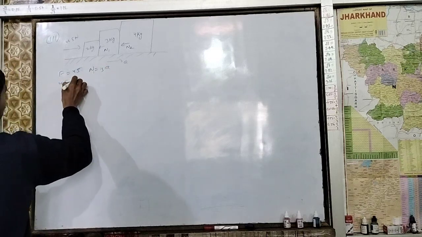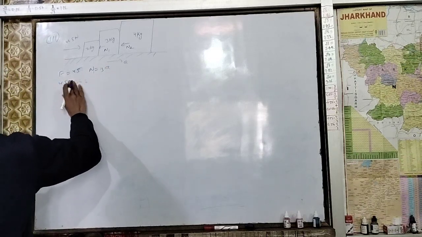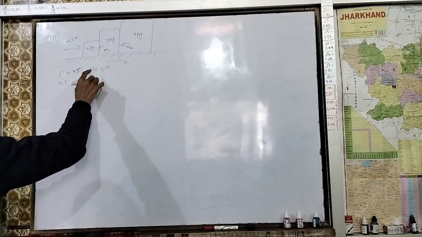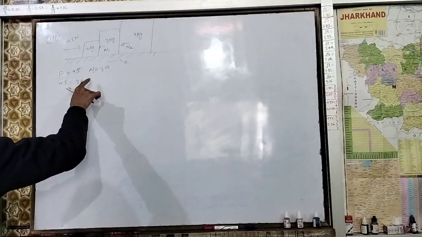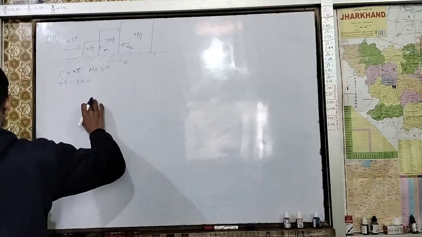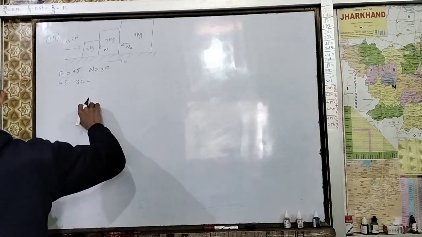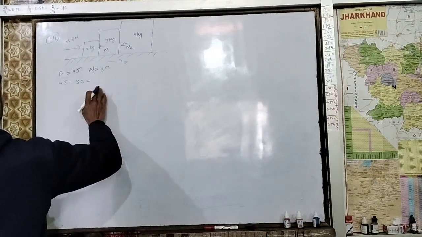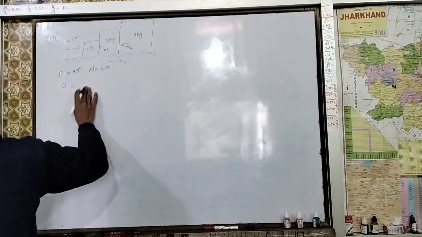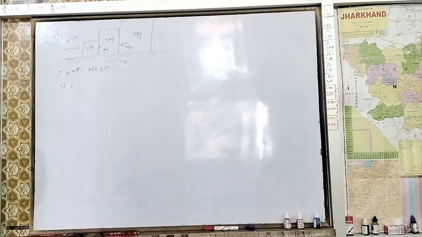So 45 minus 3a is equal to... Just write the acceleration would be total force.